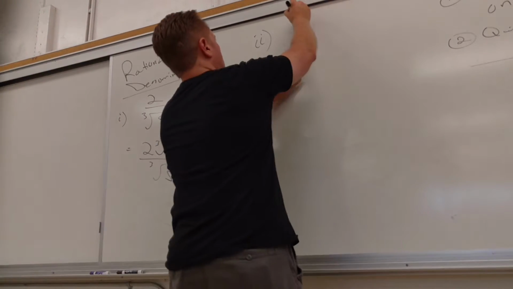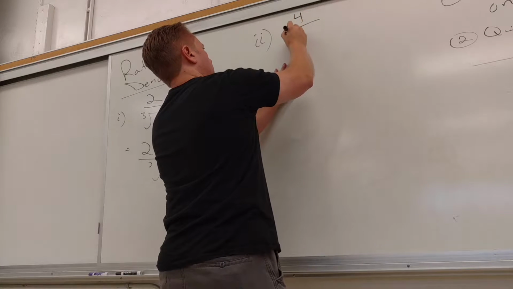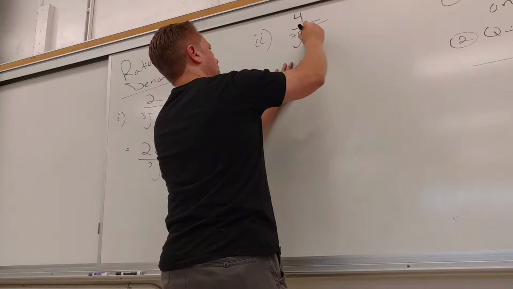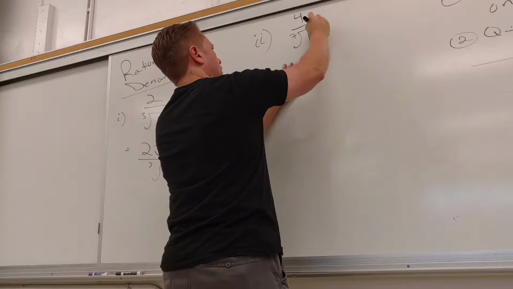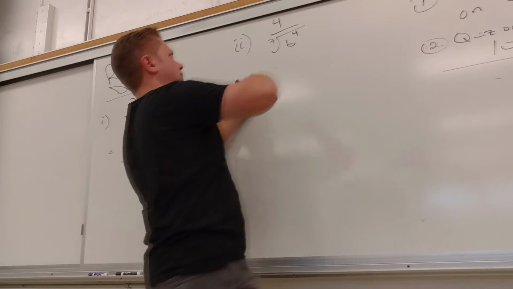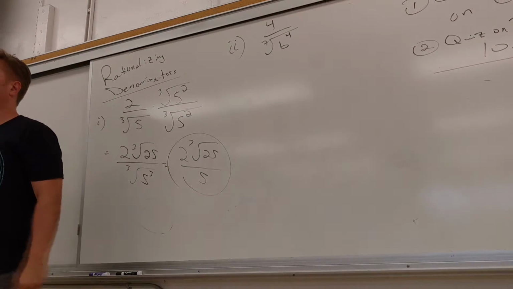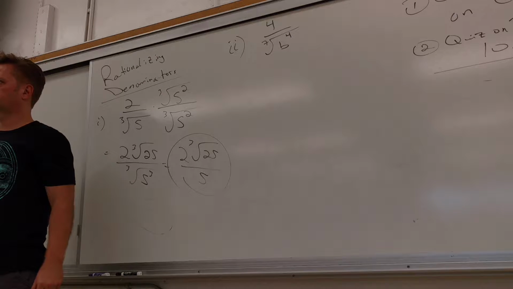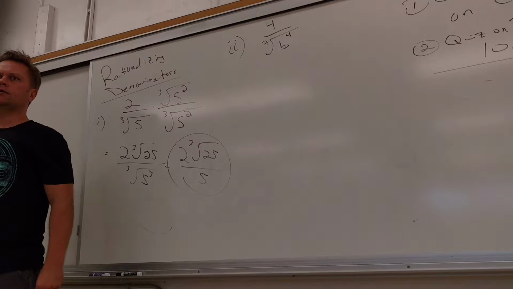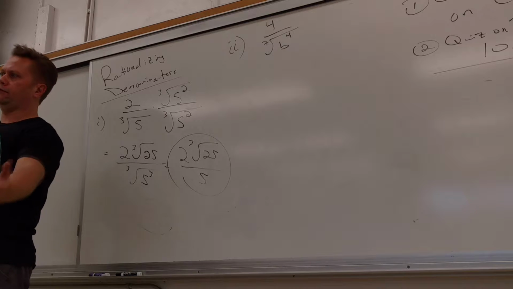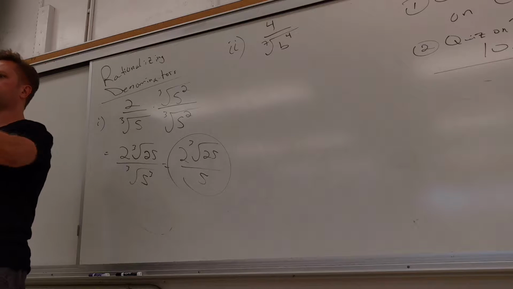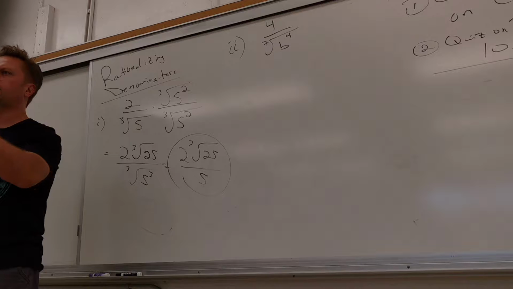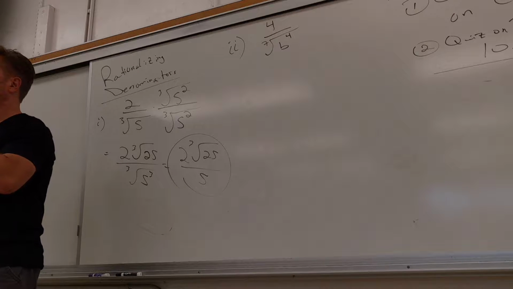What if I had 4 over the 7th root of b to the 4th power? Multiplied by the 7th root of b to the 4th power. Yeah, it's silly. 7th root needs 7 things. I currently have 4 things inside. Let me give it 3 more of those things. Let that be simple.